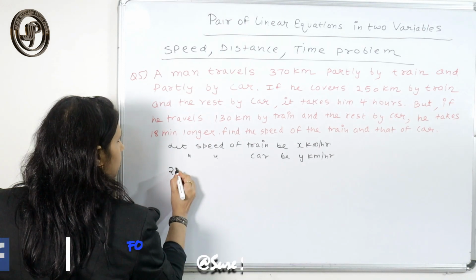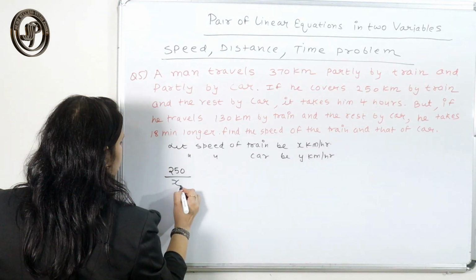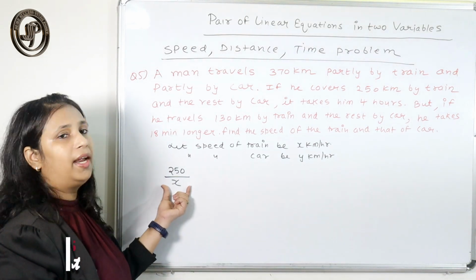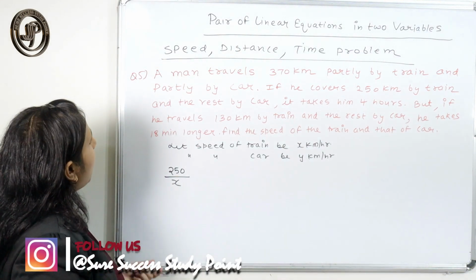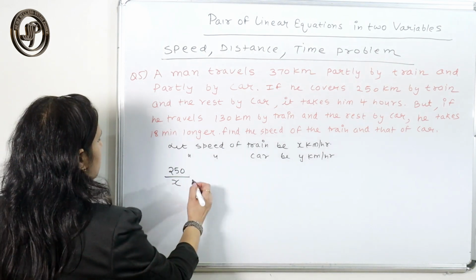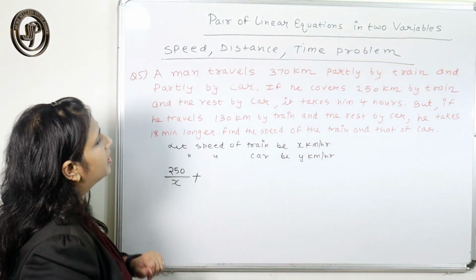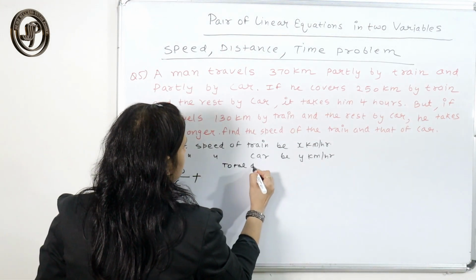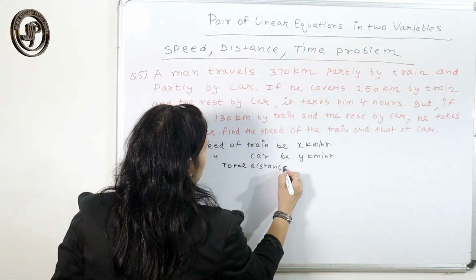Distance upon speed, that is the time taken by train. And the rest by car. The total distance given is 370.